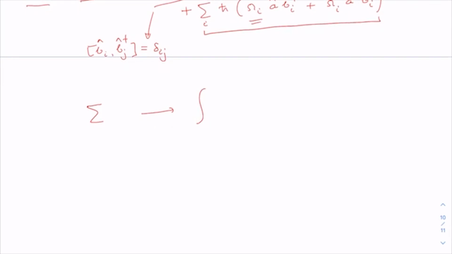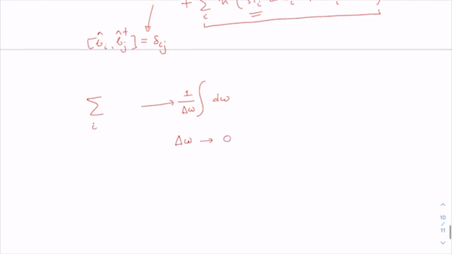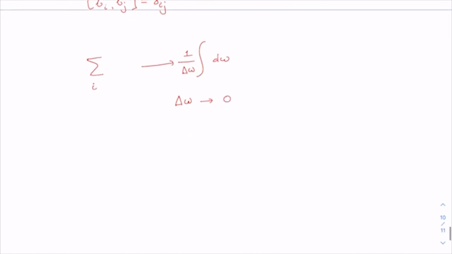In fact, this summation is over the discrete index i, and it turns into an integration over the bath oscillator frequency omega, and it has to be dimensionless, so it is divided by delta omega. Here delta omega is the mode spacing, and we take the limit delta omega tends to 0, and the bath operators undergo this kind of transformation.